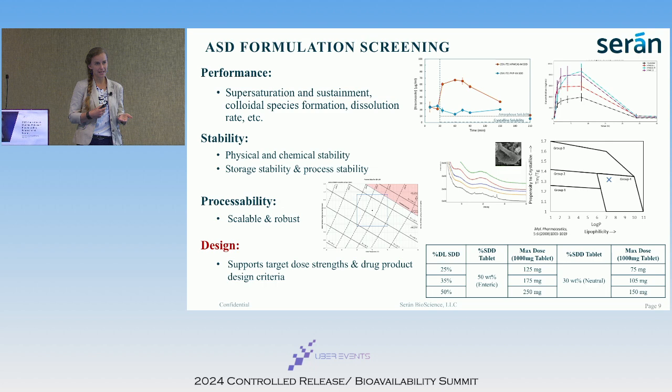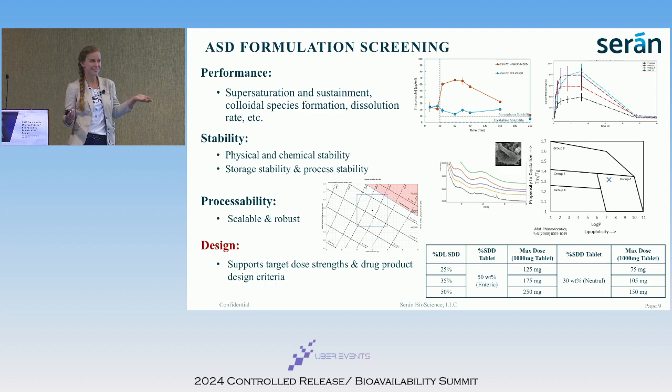You're more limited with neutral polymers. We do have some clever techniques that allow us to get to 30-40 weight% of an SDD for a neutral polymer, but it can be very challenging. And so all things being equal, if there's only a small difference in performance between, say, your HPMC formulation and your HPMCAS formulation, even though the HPMC maybe gives you 5% better bioavailability, you might be able to only dose half the dose strength in your tablet.